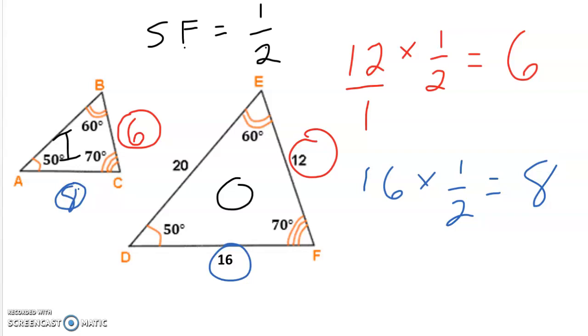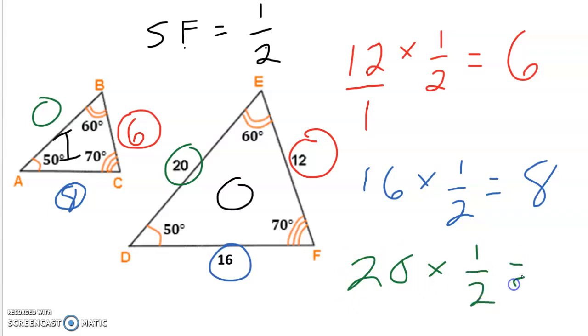And then finally, 20 corresponds with AB, so 20 times 1/2 is 10. So that missing side length is 10. There you have it. That's how you use a scale factor to find the missing sides of an image shape.